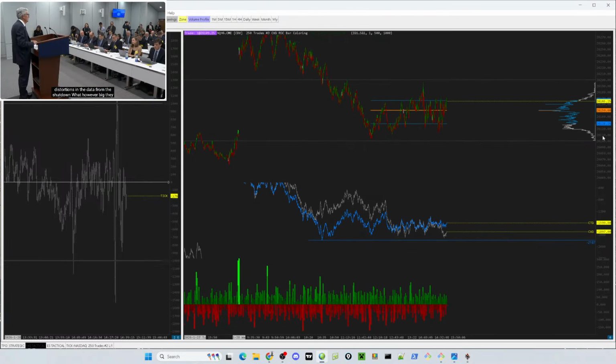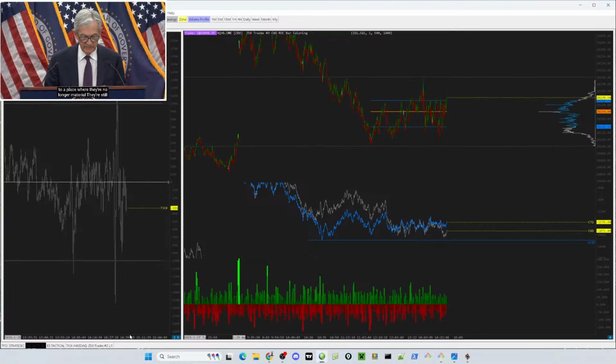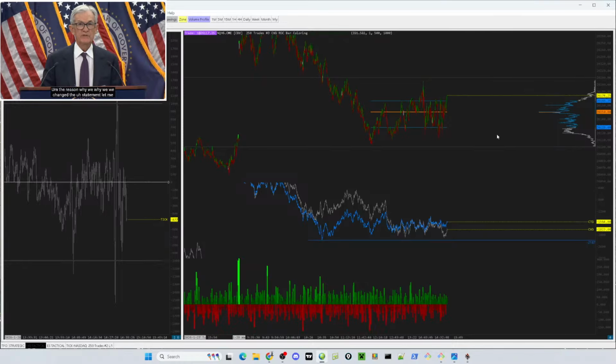Why did we change the statement? Let me pull it out. It used to say that we judge that downside risks to employment rose in recent months. So we saw data coming in which suggests some signs of stabilization. I wouldn't go too far with that, but some signs of stabilization.